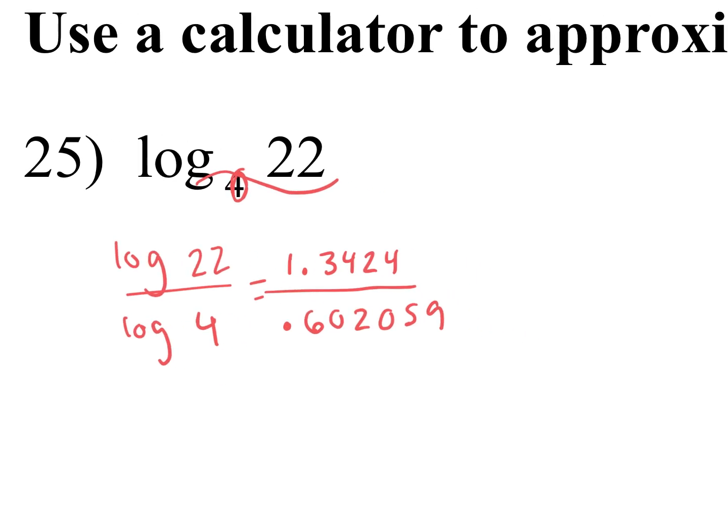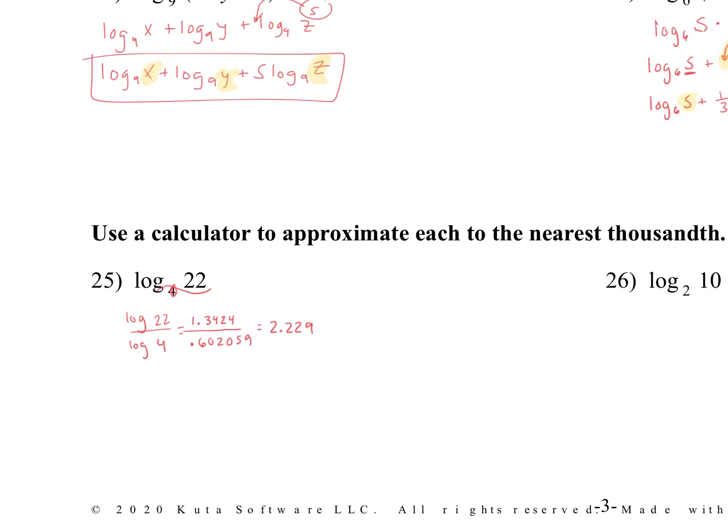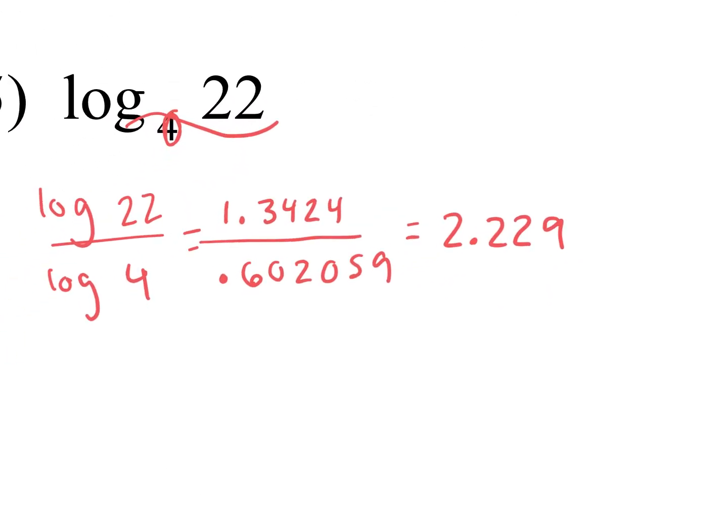So we end up with 2.229. On the test, it'll say round to the nearest 3 decimal places or the nearest 2 decimal places. This one says the nearest thousand, so that would be 2.23. But in all the directions, it'll either say like leave as a fraction or round to the nearest decimal place.